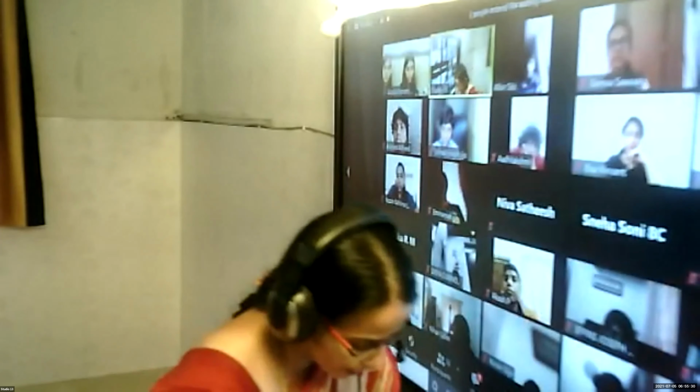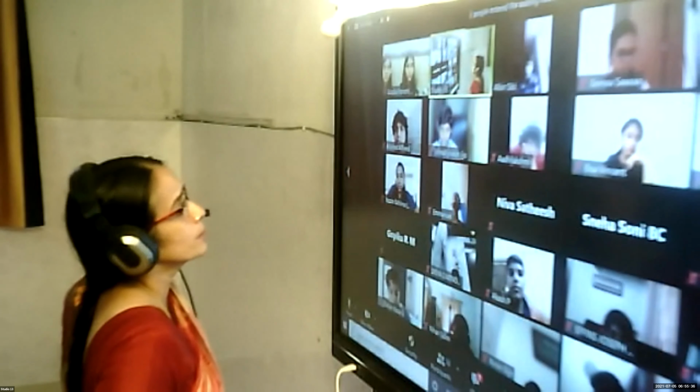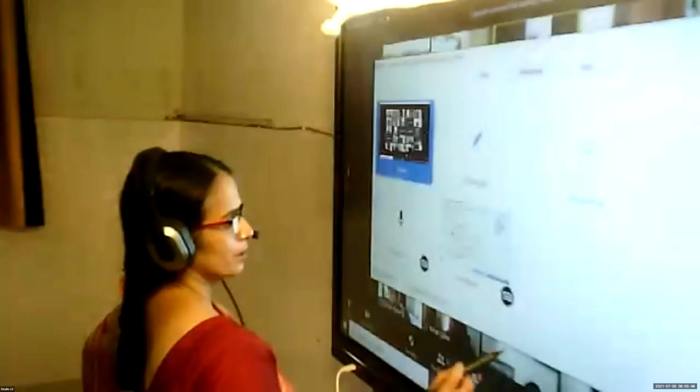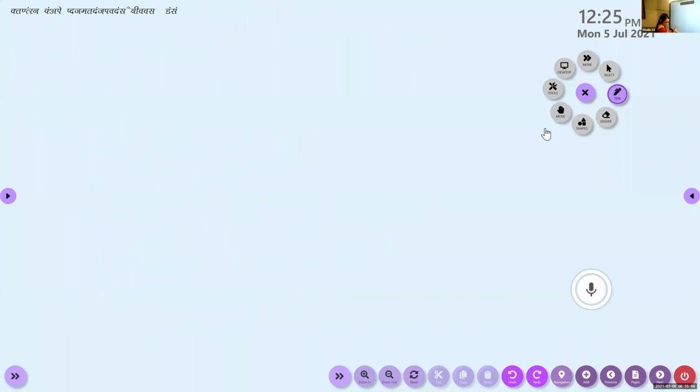The upper limit of the class interval 250 to 275. Which is the upper limit, Albin? The interval is 250 to 275. Here, which is the upper limit? That is the question.